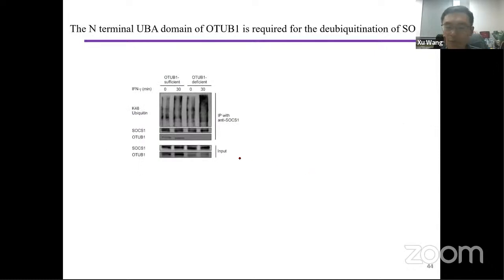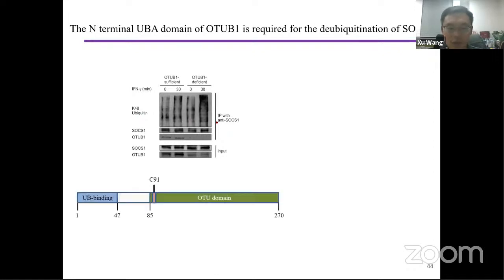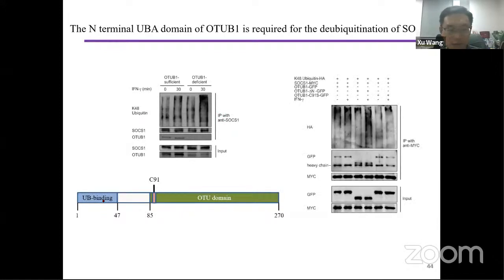And also OTUB1 can cleave K48 polyubiquitin chains from SOCS1. And later I also found that the N-terminal ubiquitin binding domain of OTUB1 is required for cleaving K48 polyubiquitin chains from SOCS1.